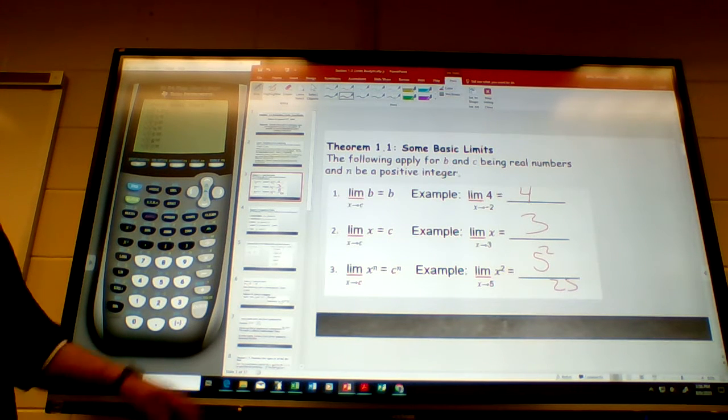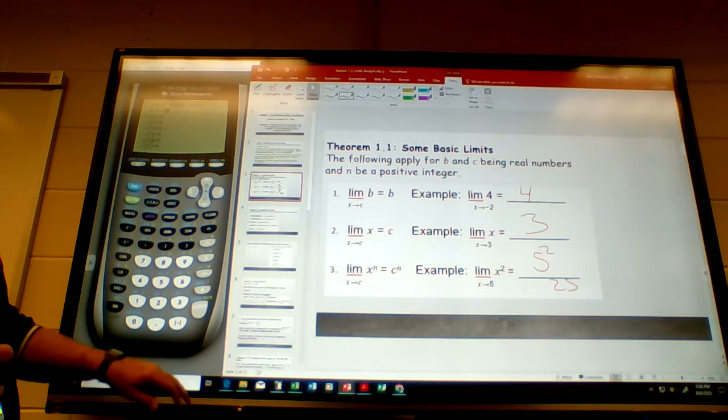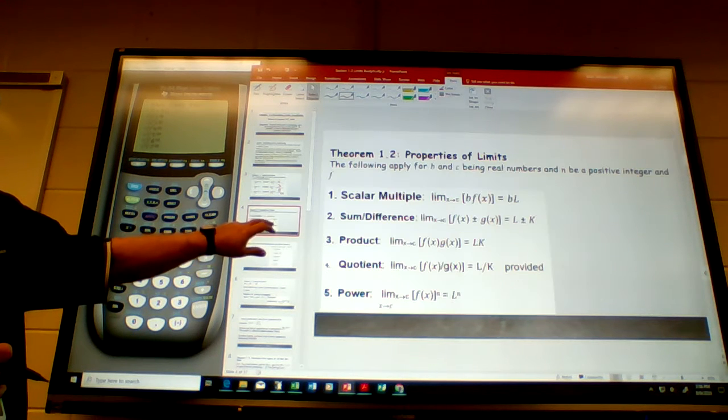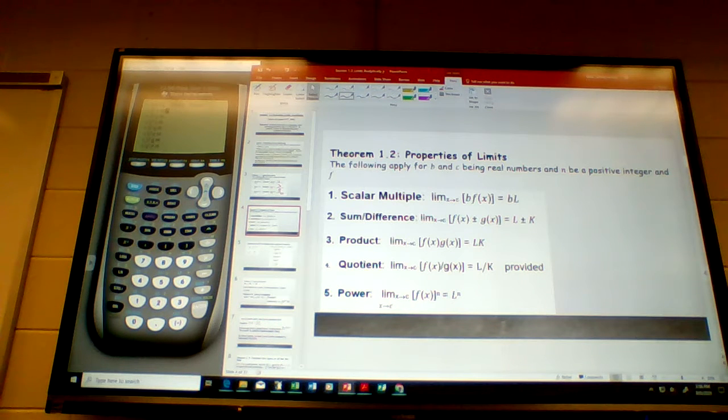Here are some more properties of limits. You can read through those.